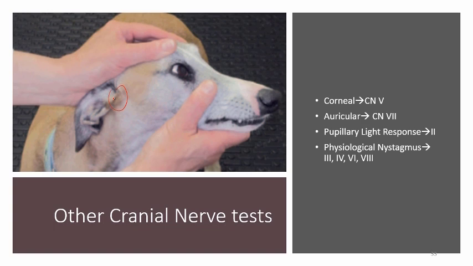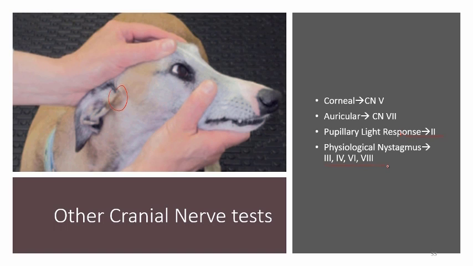Obviously, pupillary light response is going to be 2. And this dog is really being checked for physiological nystagmus. It's easier if you open the eye and look at the sclera to check for nystagmus. And for nystagmus, we're really going to be checking these 4 here.